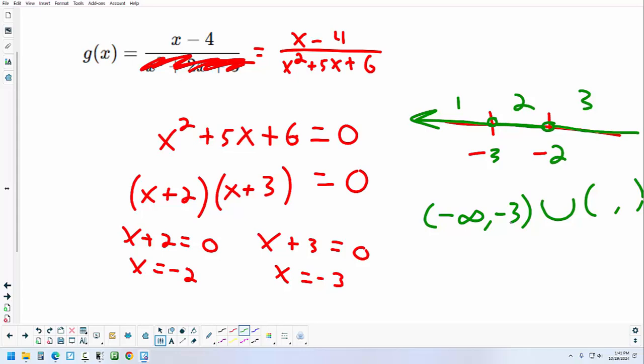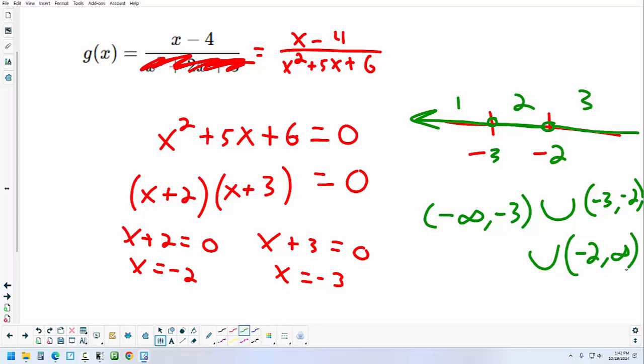Okay, so now looking at the middle section again, how low does the middle section go? Negative 3. That's the lowest. And what's the highest? Negative 2. Yeah, negative 2 is higher than negative 3. Now look at the third interval. What's the lowest that one goes? Negative 2. And what's the highest that it goes?